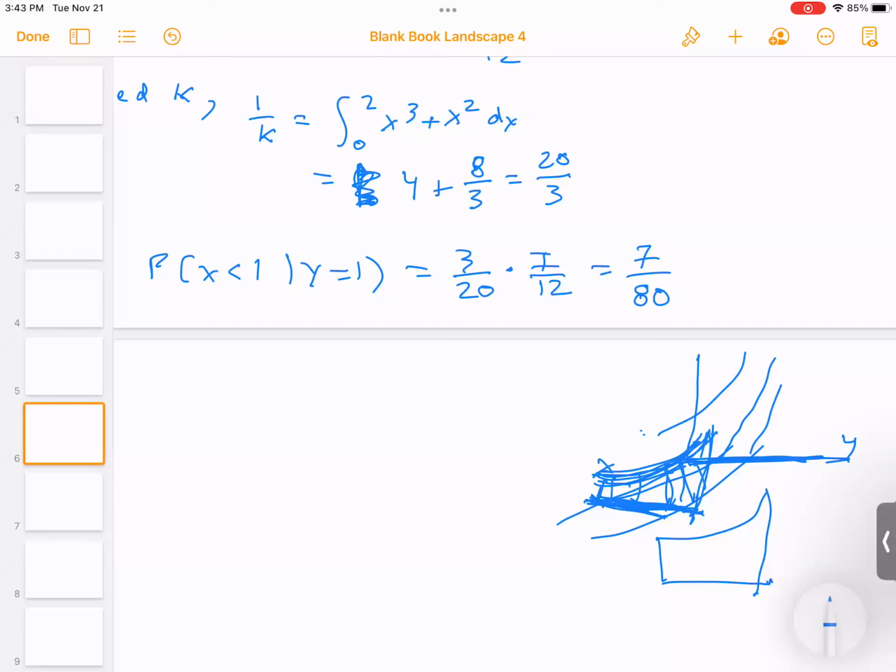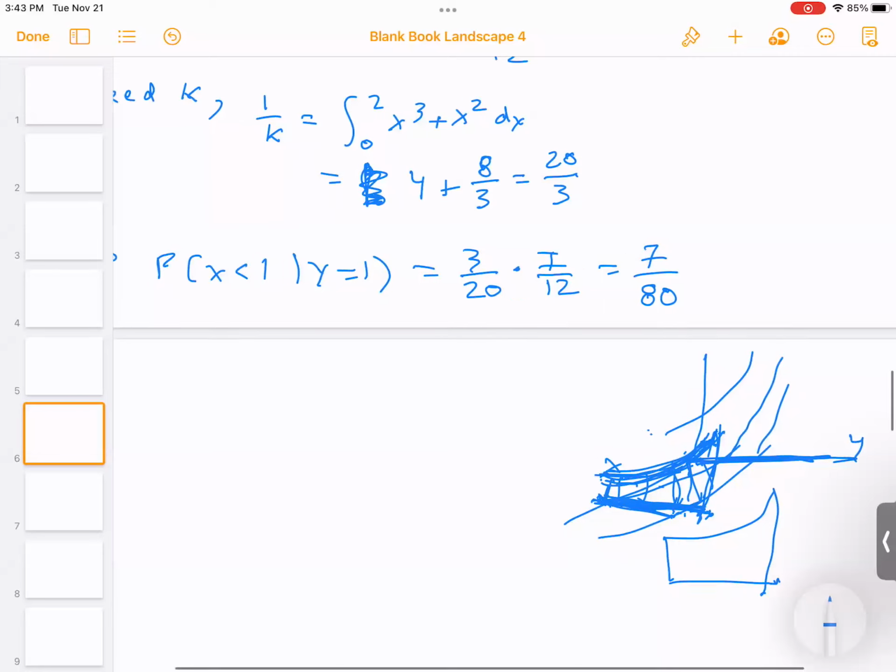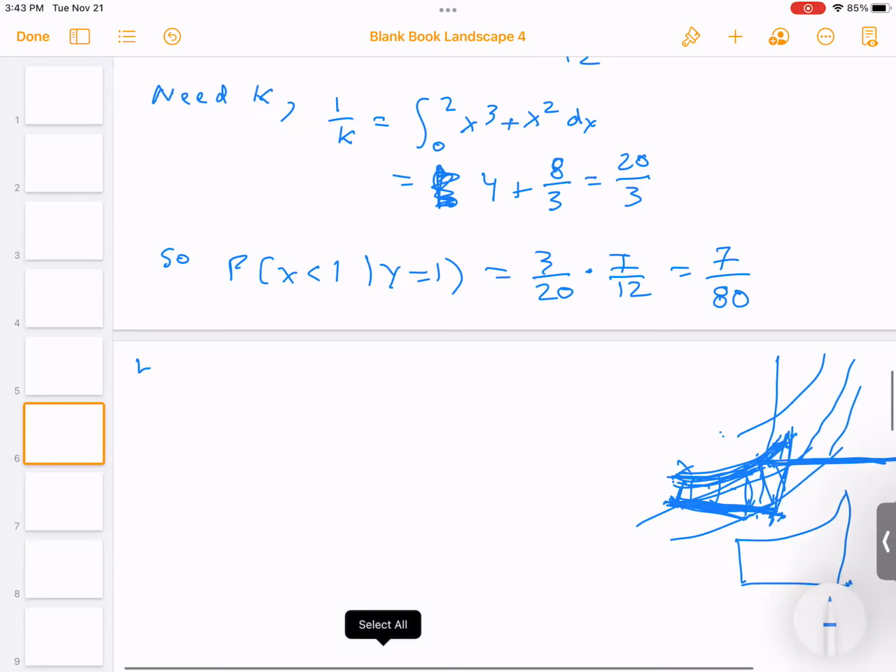Okay, let's do an expected value. So the question would be, if X is fixed, what's the expected value of Y? And you have this sort of measure of how likely Y is to be along this X. Okay, so B, find... what do we want to do?